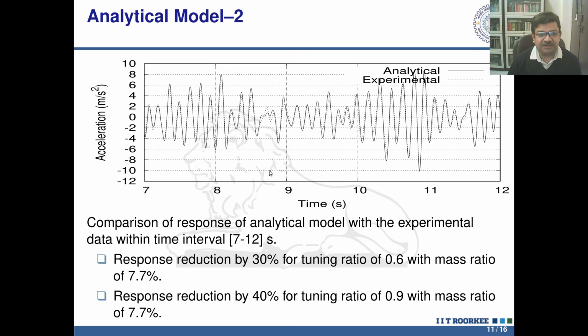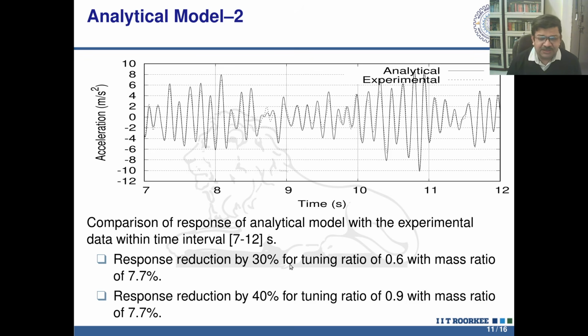experimental results. So response reduction is by 30% for a tuning ratio of 0.6 with a mass ratio of about 7.7%. So the four blocks of 32 kilos each add up to about 7.7% of the total roof slab mass.